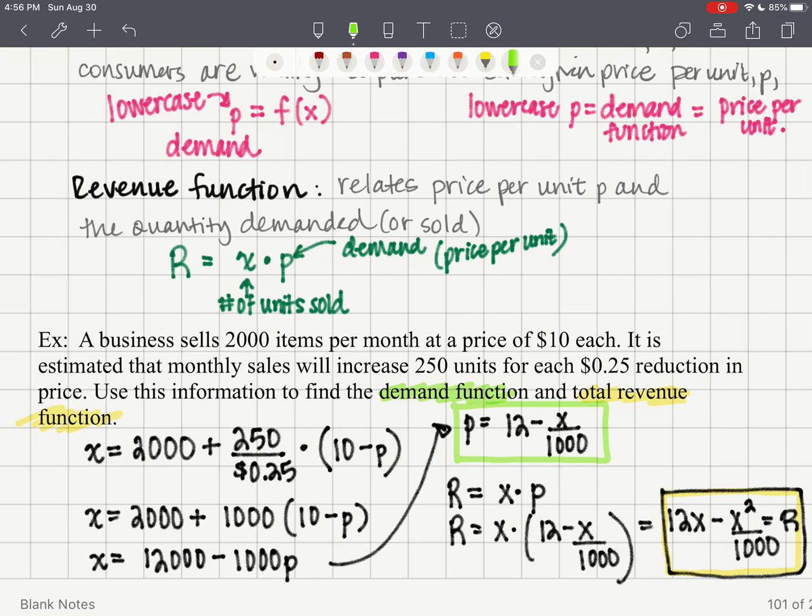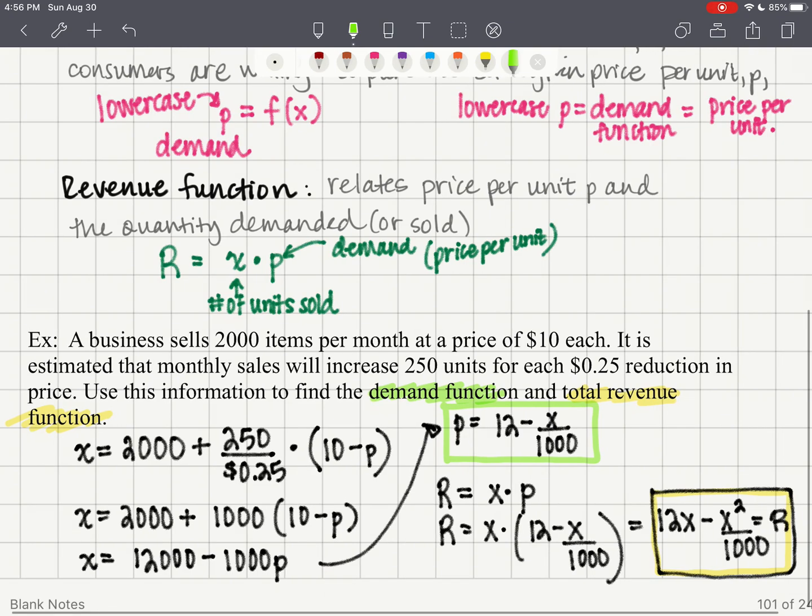Now, if you think about this, we could think about this as ordered pairs. This right here is your slope. So that's your slope, because your demand function is just a linear equation. So your slope is 250 every 25 cents.